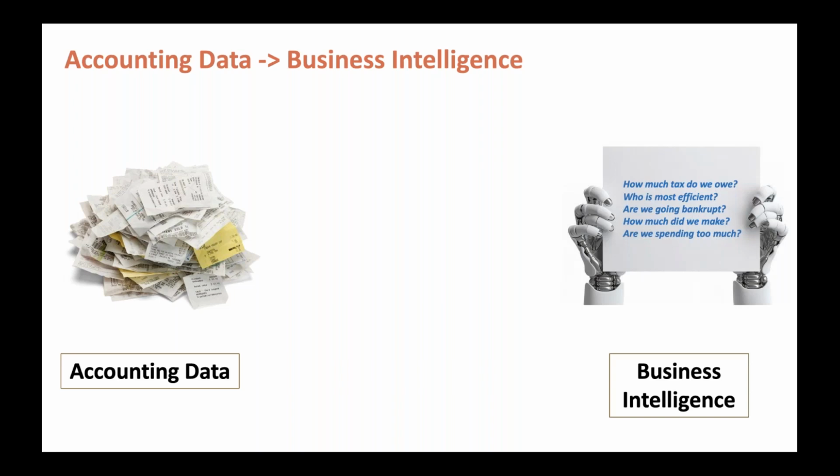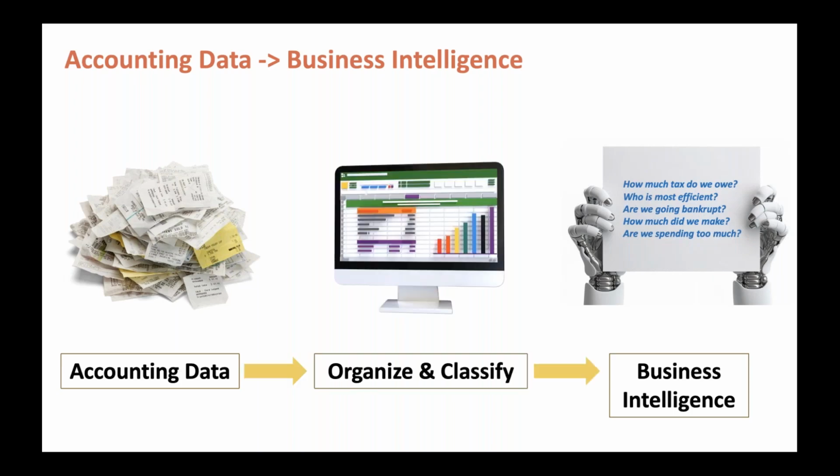Where do we need to change? Having the data and then getting the business intelligence, there's something missing in the middle. You cannot determine if you're going bankrupt from this stack of receipts. What's missing in the middle is the ability to organize and classify the data and analyze it.